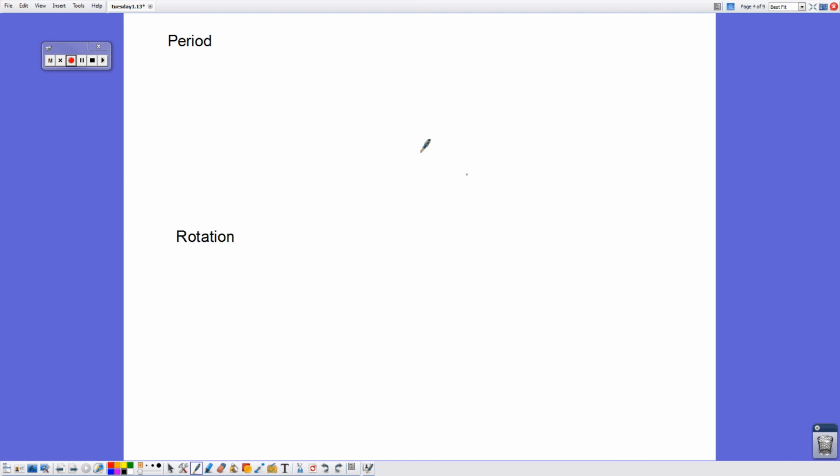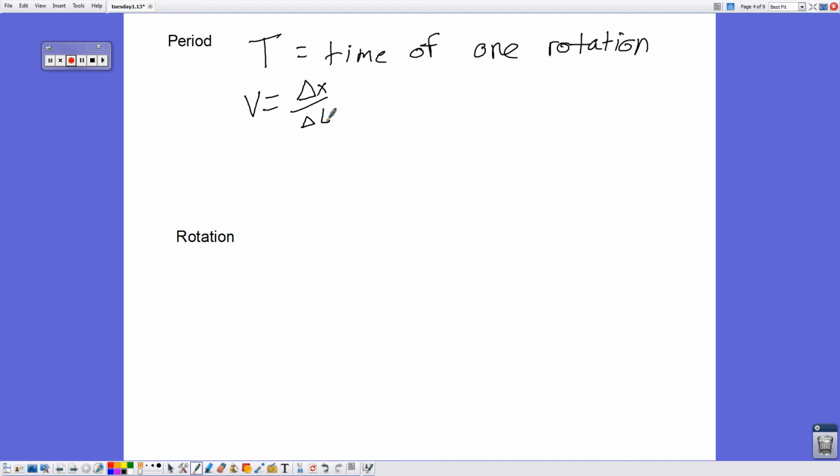Two side notes before we move on. The period. We've talked about the period before, represented by capital T. It is the time of one rotation. Which means the linear velocity, which is delta x over delta t. If you're rotating, one complete rotation is a circumference.